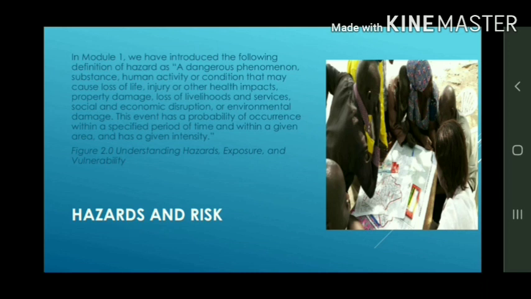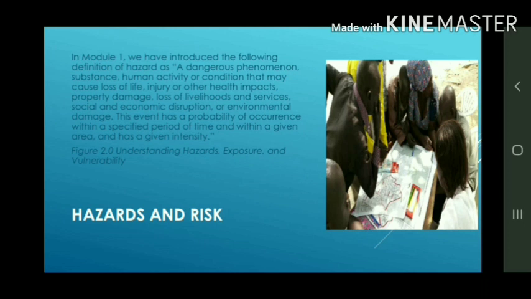In Module 1, we introduced the following definition of a hazard as a dangerous phenomenon, substance, human activity or condition that may cause loss of life, injury, or other health impacts, property damage, loss of livelihoods and services, social and economic disruption, or environmental damage.